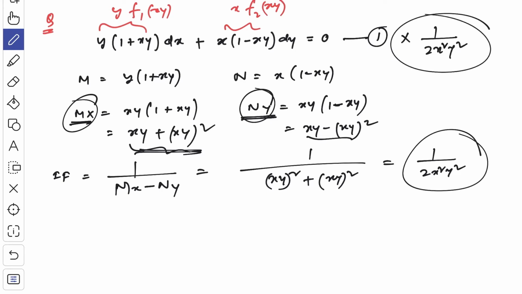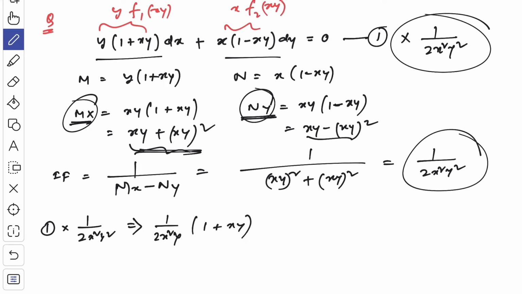If you multiply this integrating factor with these terms and simplify, equation number 1 reduces to this form: 1 by (2x square y) into (1 plus xy) dx plus 1 by (2x y square) into (1 minus xy) dy is equal to 0.